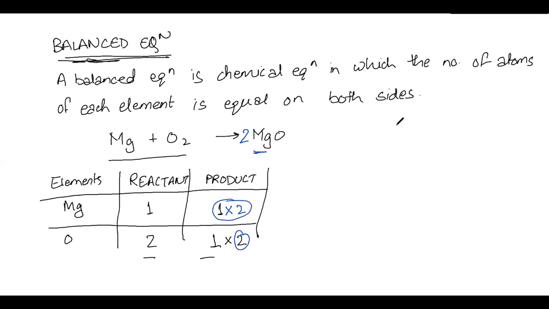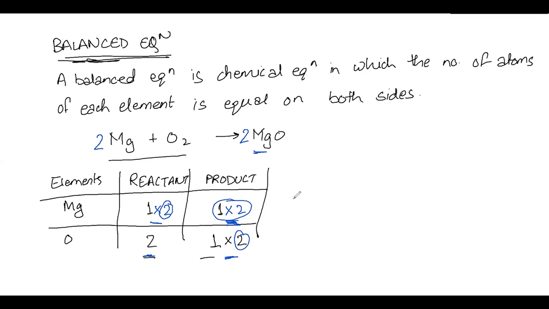So once again we have to make 2 atoms of Mg at the reactant side also. So we multiply by 2 and this 2 again comes over here. So now if we see, we have 2 atoms of Mg at reactant side, 2 atoms of Mg at product side, 2 atoms of oxygen at reactant side, and 2 atoms of oxygen at product side.